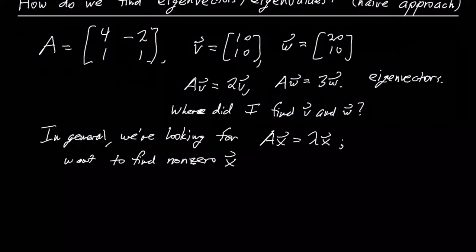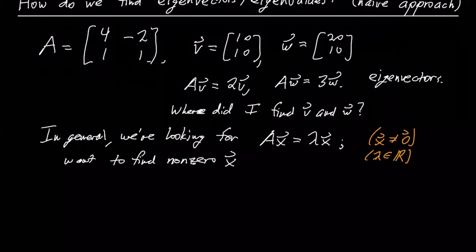We definitely don't want x to be 0. And lambda is a real number, right? Which could be 0. Nothing says that couldn't be 0.